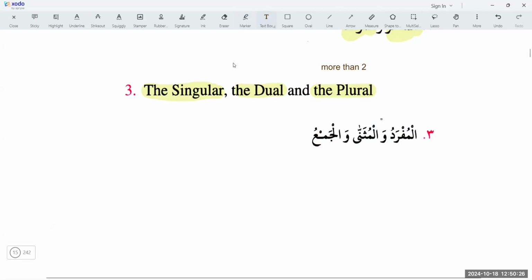If there are two, we call it the dual. The singular, al-mufrad; the dual, al-muthanna; the plural, al-jam'u. These are the terms we use in Arabic.